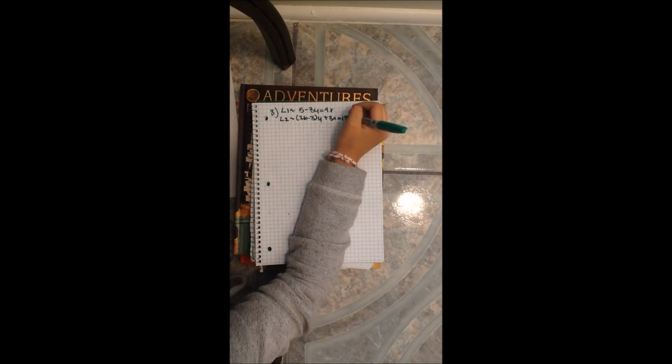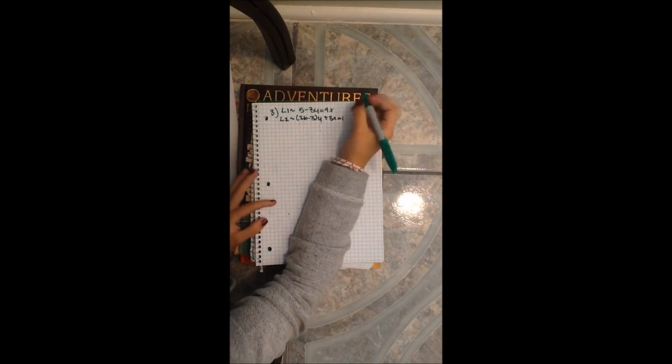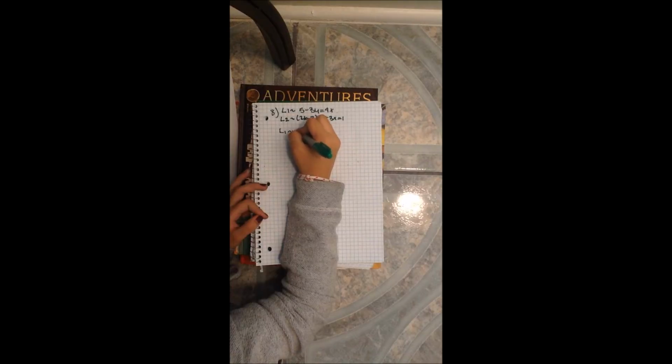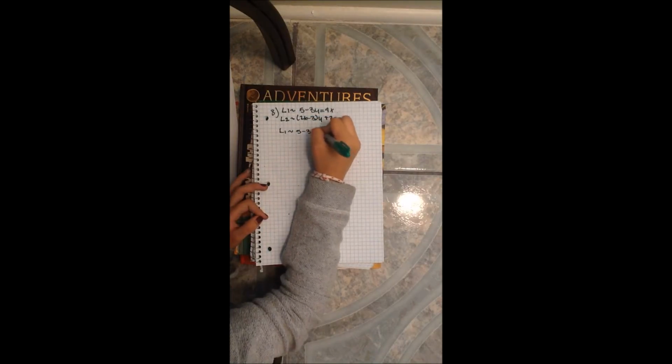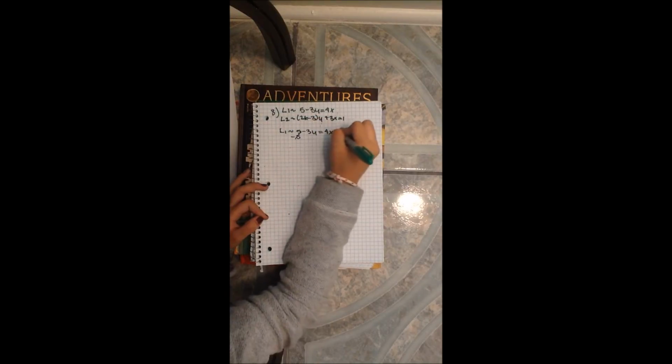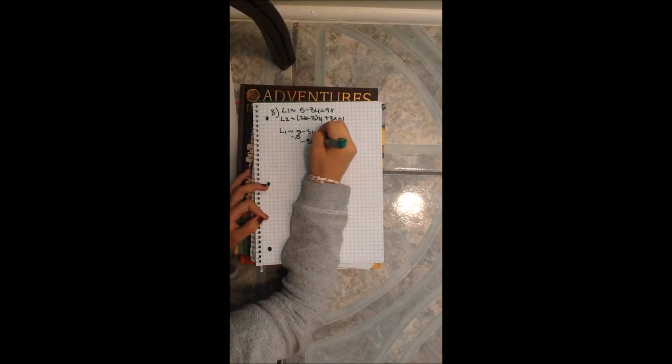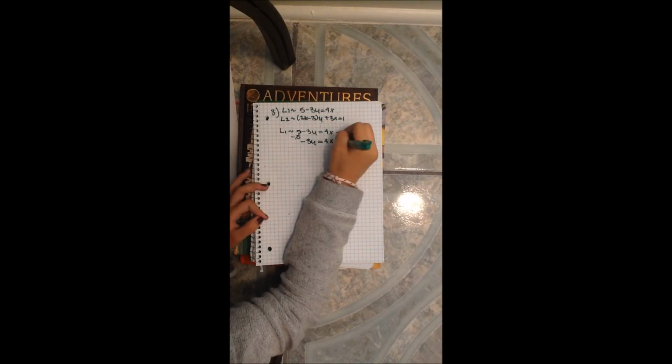So first I have to simplify my line 1. So L1 is 5 minus 3y equals 4x, so minus 5, and you do minus 5 over here, so you would get negative 3y equals 4x minus 5.